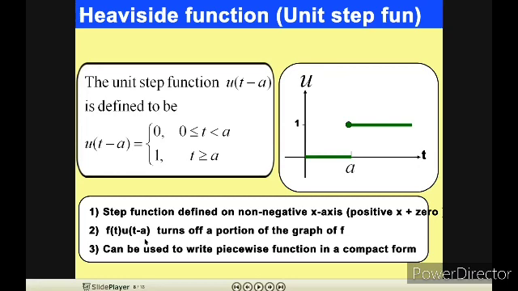So f of t times u of t minus a turns off a portion of the graph of f, and it can be used to write piecewise functions in a compact form. We'll see some examples of piecewise functions written in compact form.